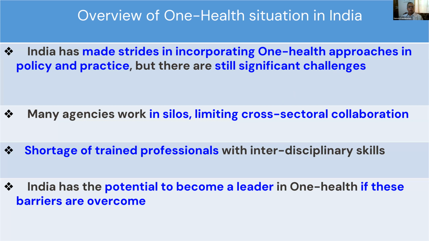Particularly, we work in isolation, limiting cross-sectoral collaboration, and there is a shortage of trained manpower with interdisciplinary knowledge for collaboration. People can work in isolation, but when it comes to collaboration, we are poor. So India has the potential to become a leader in One Health if these barriers are overcome.